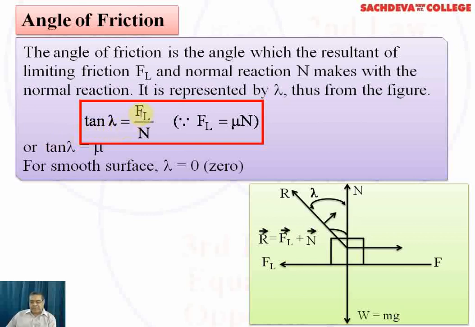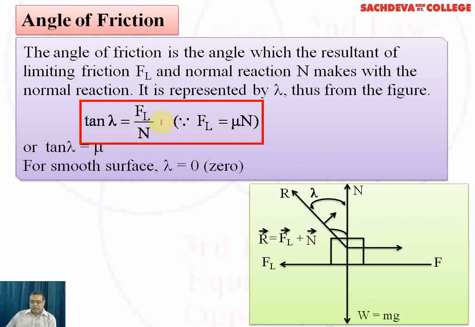So if we consider R and N, and if we draw a perpendicular from R to N, it will become a right angle triangle in which the side opposite to the angle will be the perpendicular. So the direction of N will become the base and R will be the hypotenuse. So we are finding here that FL over N will be tan lambda.